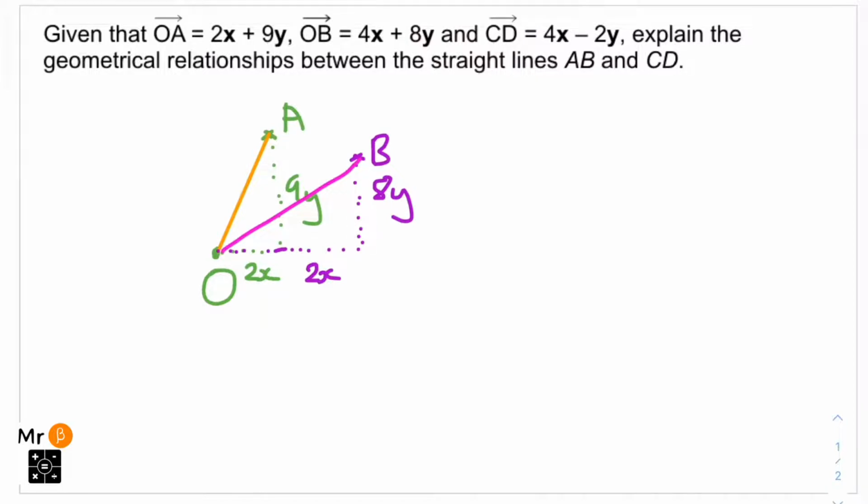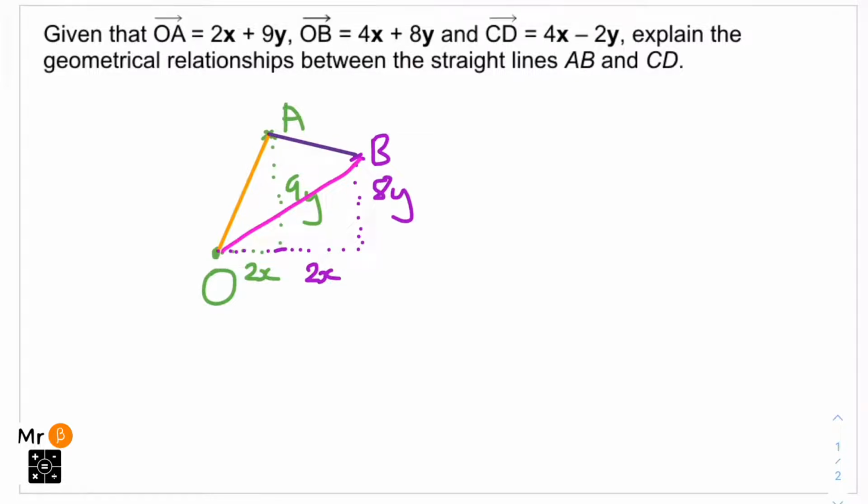So it wants us to work out the relationship between the straight lines AB and CD. So now we have enough information to work out what this line A to B is.